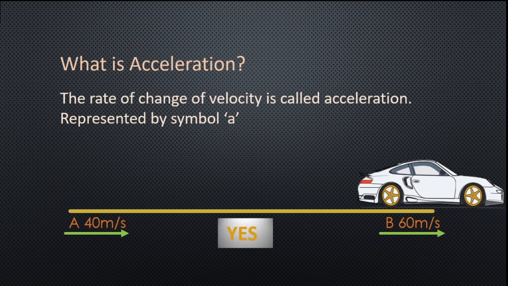My answer is yes, there will be an acceleration in this case, as the velocity of this car is changing with respect to time. First its velocity was 40 meters per second, but at point B, its velocity is 60 meters per second. So its velocity gets changed. So I can say the car is accelerating.